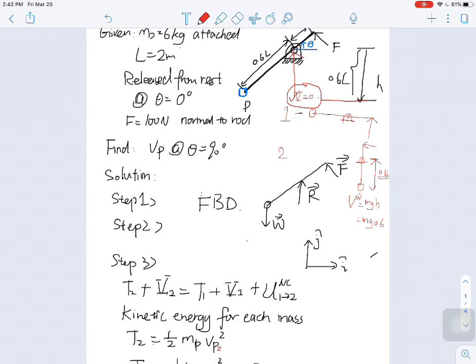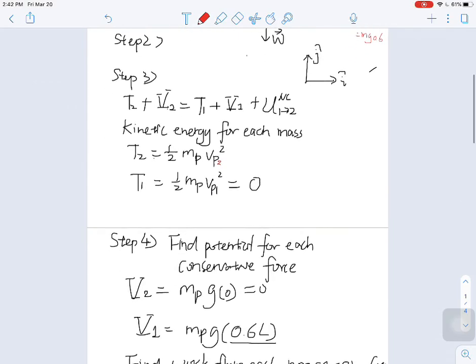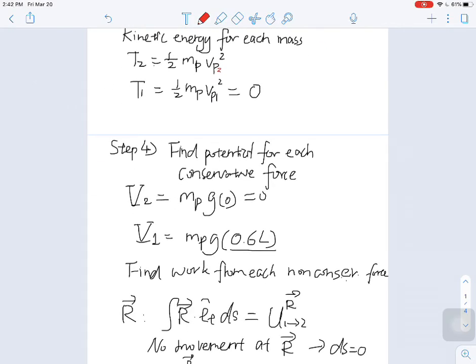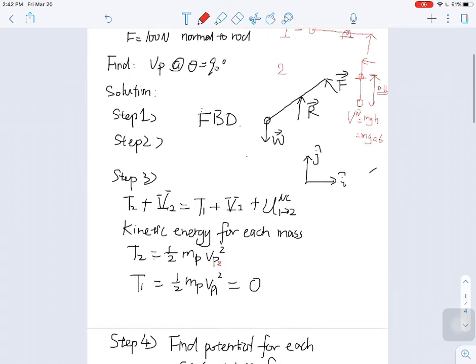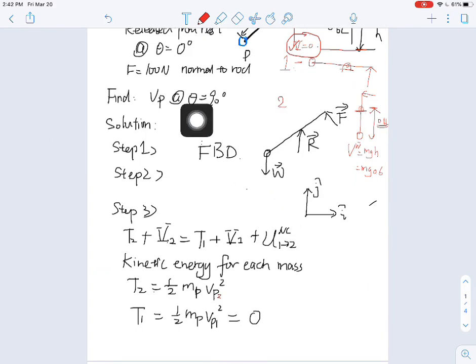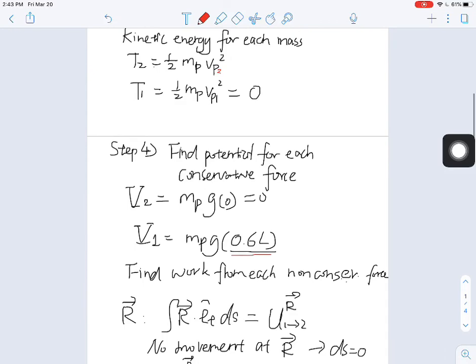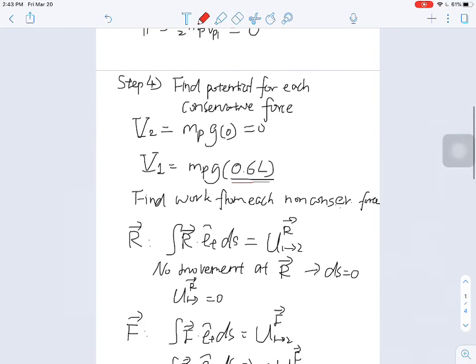That's why at the beginning, the particle P would have a potential energy of 0.6 L times mpg. And at position 2, because that rod will rotate to theta equals 90 degrees, the particle will be at that 0 potential position. That's why V2 equals 0.